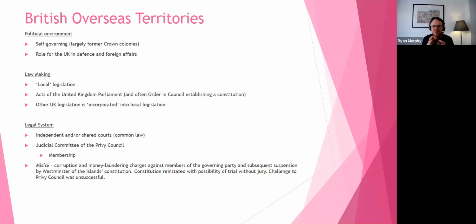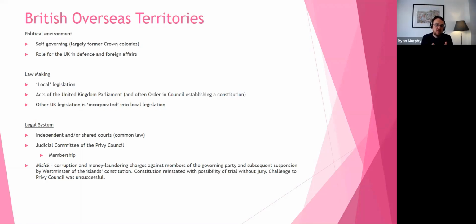So you have these interactions. Can you see the interactions between the different legal systems? You have a self-governing former Crown colony, a British Overseas Territory, whose governance has pretty much broken down. The constitution, which had been granted through an order in council, was suspended by the UK Parliament.